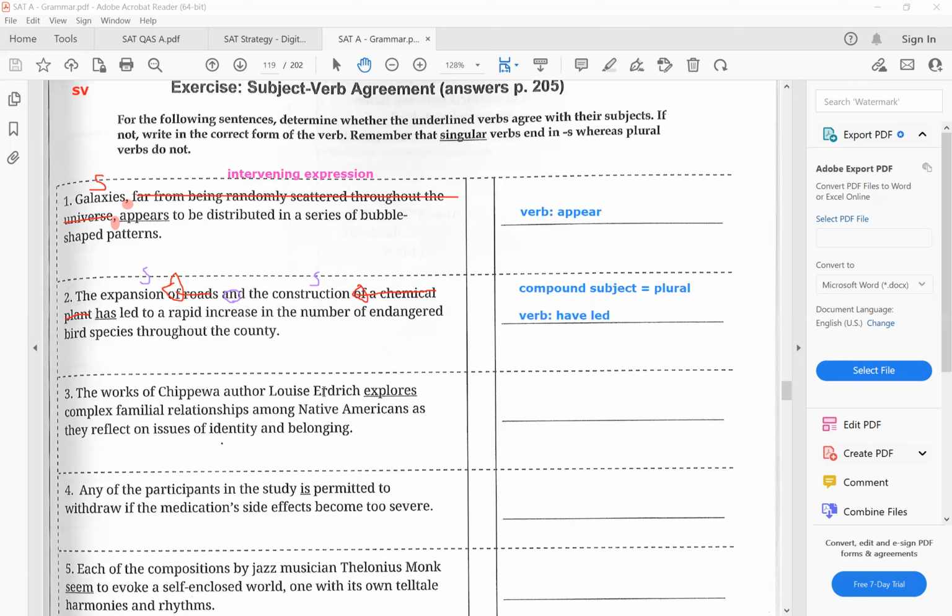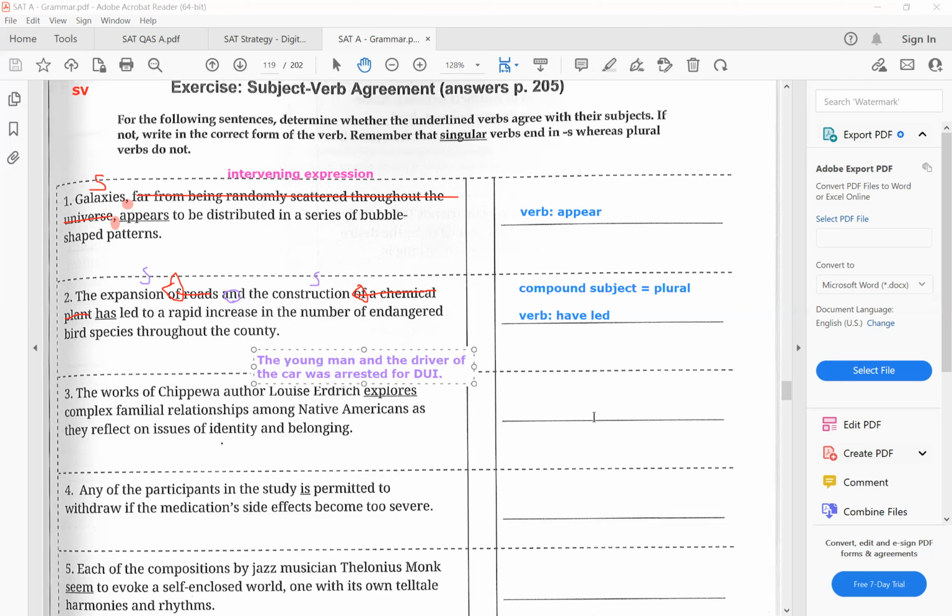There is only one exception where a compound subject would be considered singular. And that is when our compound subject refers to the same person or the same thing. For example, if I say the young man and the driver of the car was arrested for DUI, which is driving under the influence because he was high or he was drunk while driving.